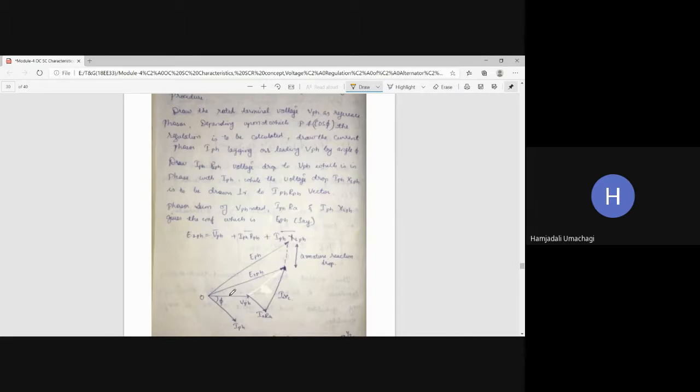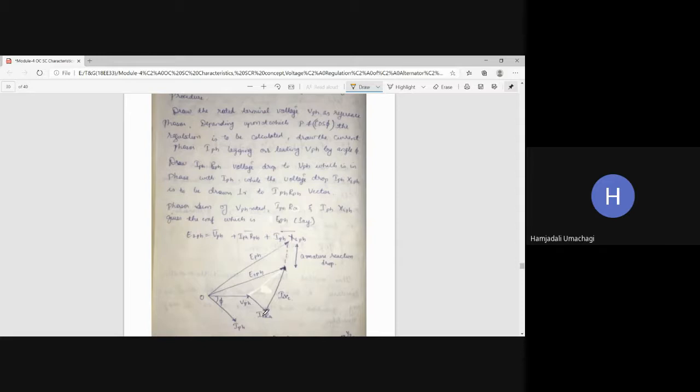Is it clear? First take V phase as a reference and then show I phase depending upon whether it is a leading or lagging load. If it is lagging, then current lags the voltage by an angle of phi. From the tip of VPH, you indicate the resistive drop IARA, which is parallel to I phase.